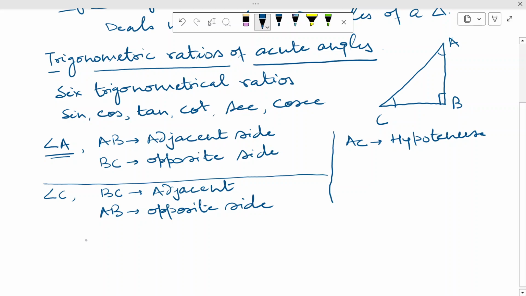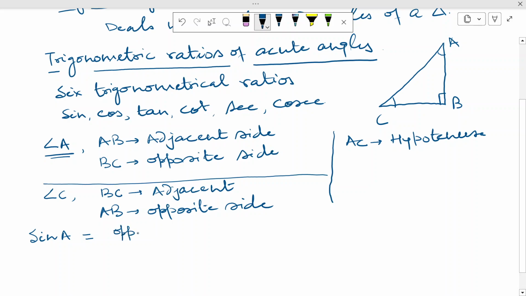Now, if we have to find the sine of angle A: for sine we always use the opposite side to the particular angle.